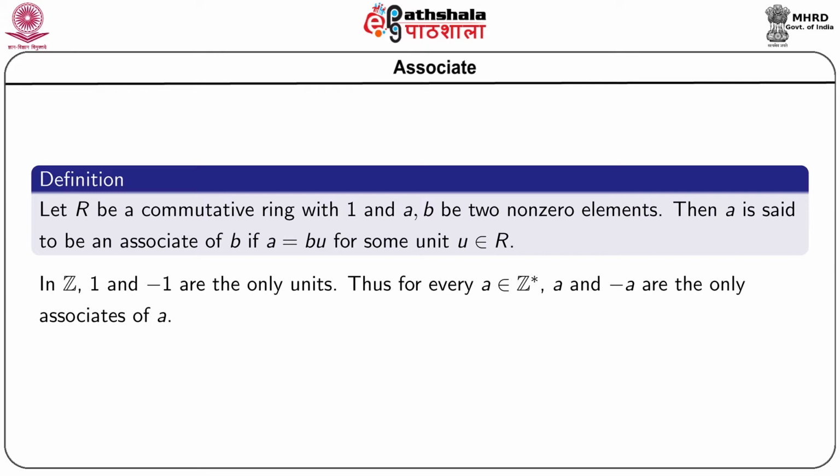Here I would like to clear one thing. This chapter is designed to generalize major properties of Z. Then there is an important question: why should we generalize these properties?